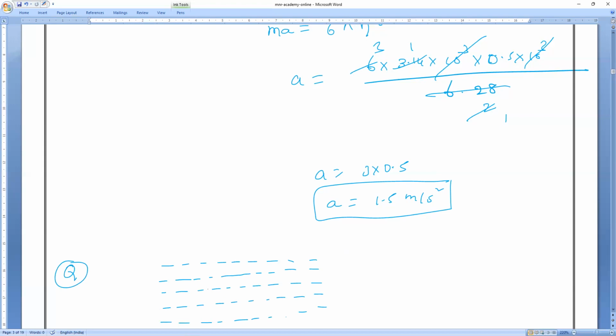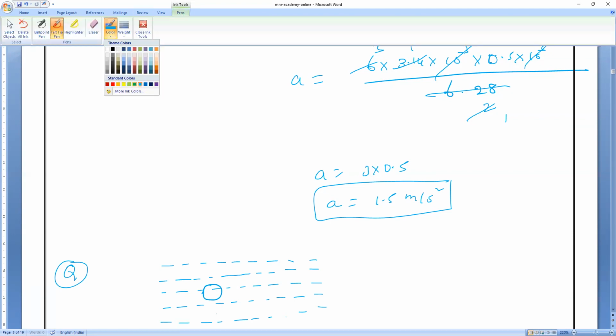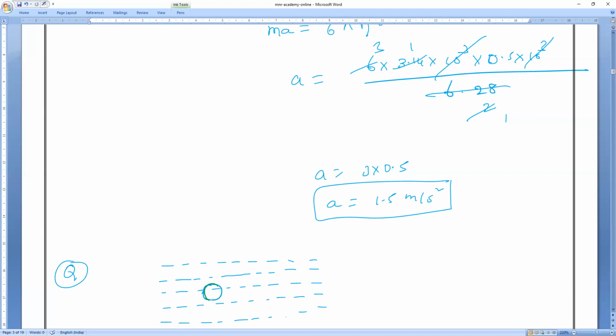There is an object inside moving with initial velocity V0. After traveling a certain distance, it comes to rest.